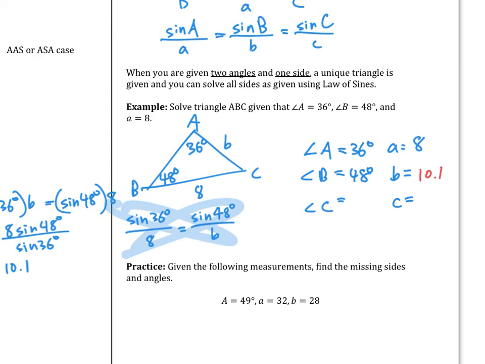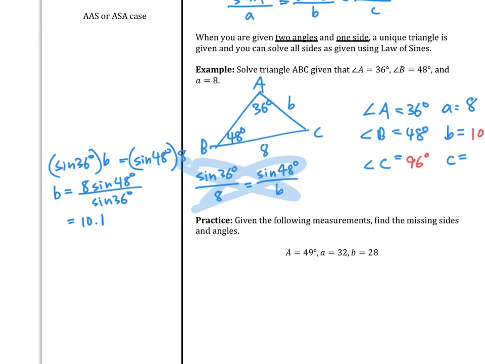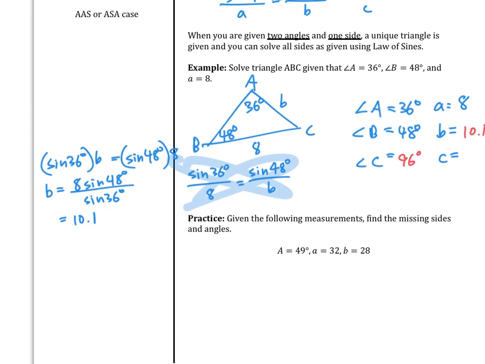So you can solve for angle C from there, which is 96 degrees. My triangle is drawn kind of strange. 96 is bigger than 90 degrees, so it should be an obtuse angle. Anyways, let's go ahead and solve for side c then.